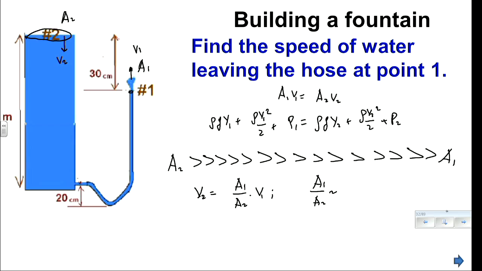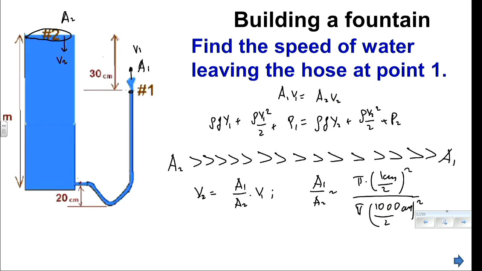For the hose, let's say diameter is about 1 centimeter. Pi times (1 centimeter over 2) squared. And for a tank, let's say a large tank, diameter 10 meters. 10 meters, if I use centimeters, it's 2 more zeros. So pi times (1000 centimeters over 2) squared.